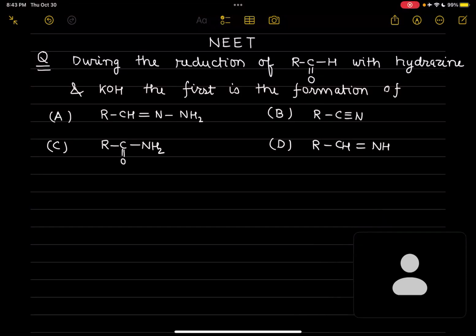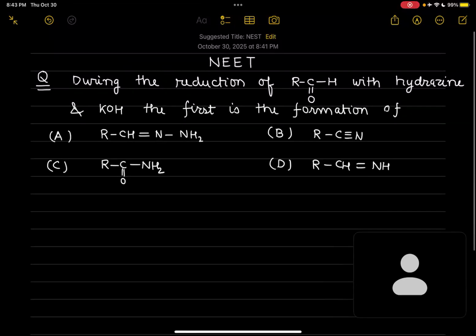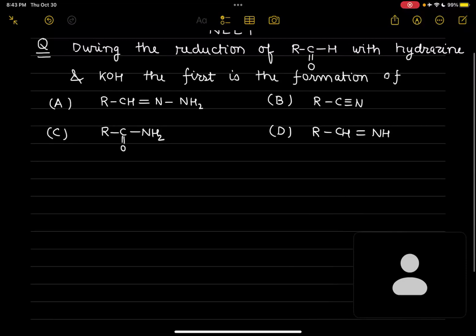Aldehyde and ketone can be reduced completely by two methods. Those two methods are parallel to each other, parallel means any one of them can be used. One uses basic medium, another uses acidic medium.